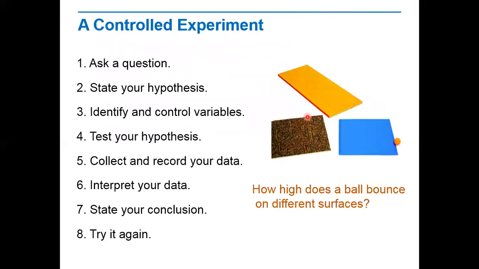Now, we have to ask a question. State your hypothesis. Identify and control variables. Test your hypothesis. Collect and record your data. Interpret your data. State your conclusion. Try it again.